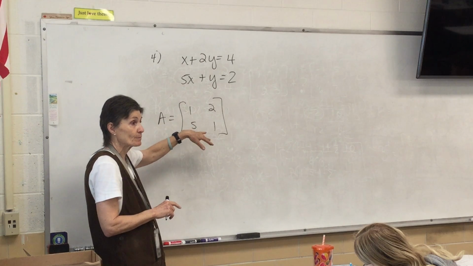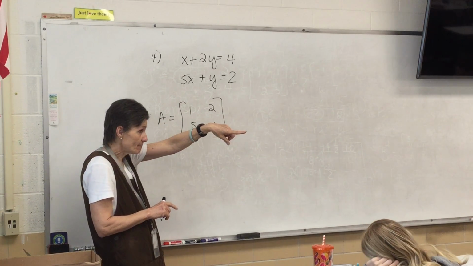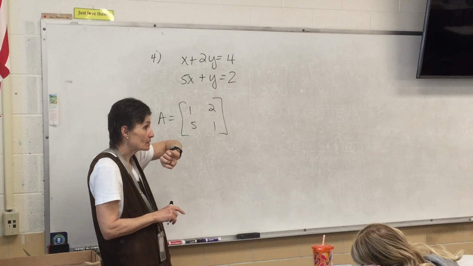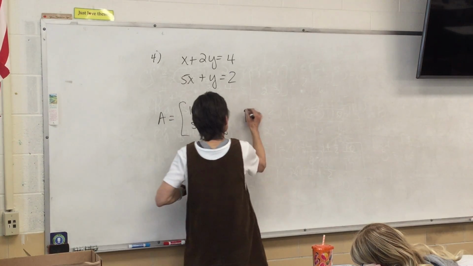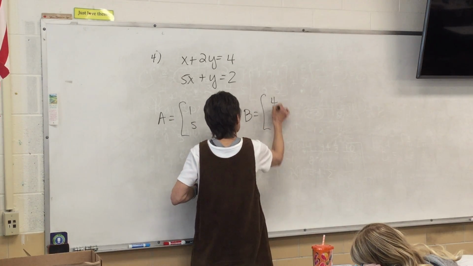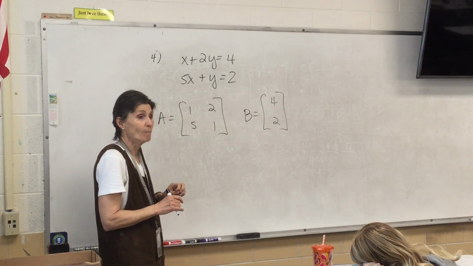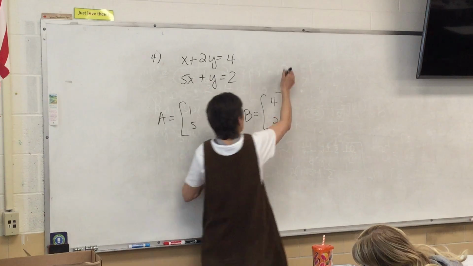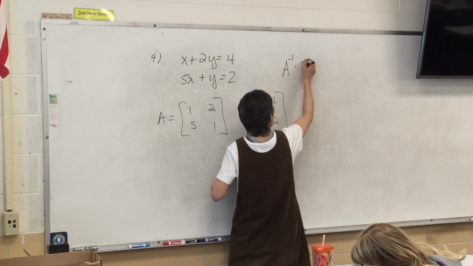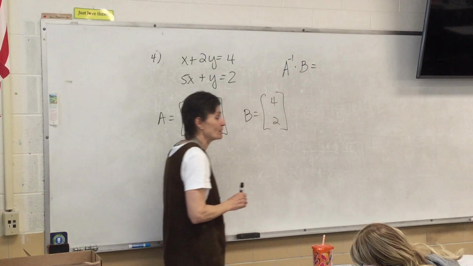Everybody see that? Then matrix B would be 4 and 2. The inverse method requires me to multiply A inverse times B. That's how I'm going to get my answer.